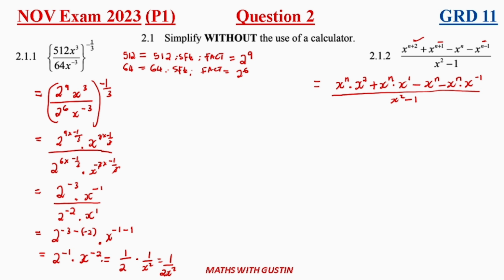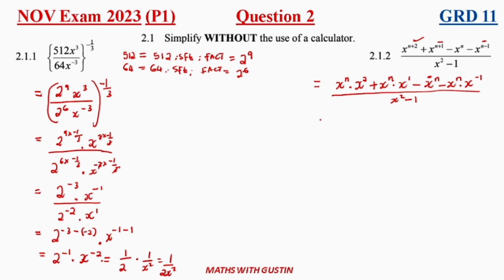All right, so now this is what you would do. You are going to try to group this in such a manner that this one will give you x to the power of n. So I'm just going to take this term here, bring it closer to this one, and make a rearrangement between these two terms.